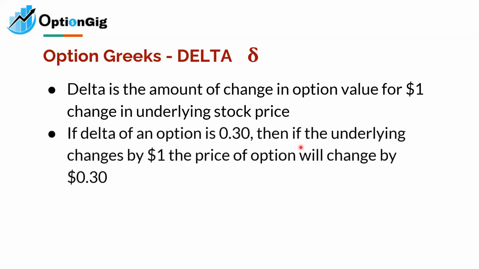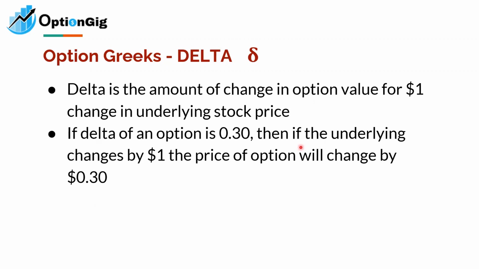If the delta of the option is 0.30, then if the underlying changes by $1, the option price will change by 30 cents. So the impact of a change in the spot or stock price can be quantified by knowing the delta of the option that you're holding.